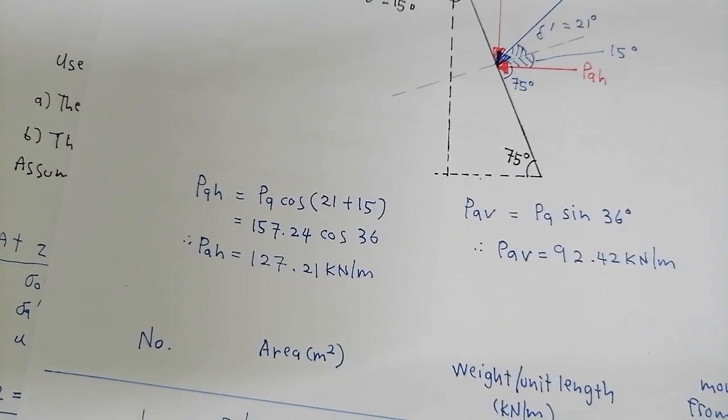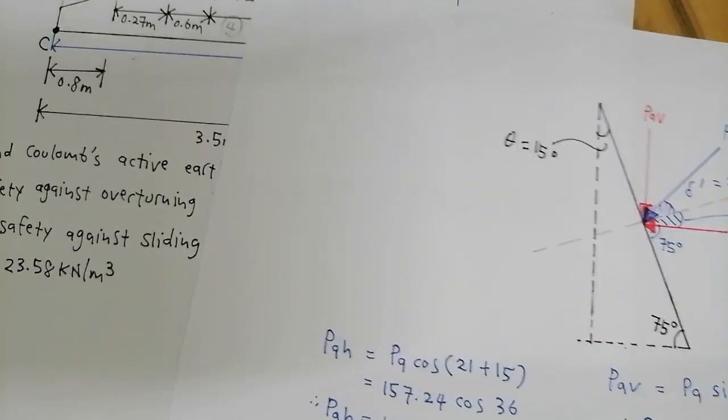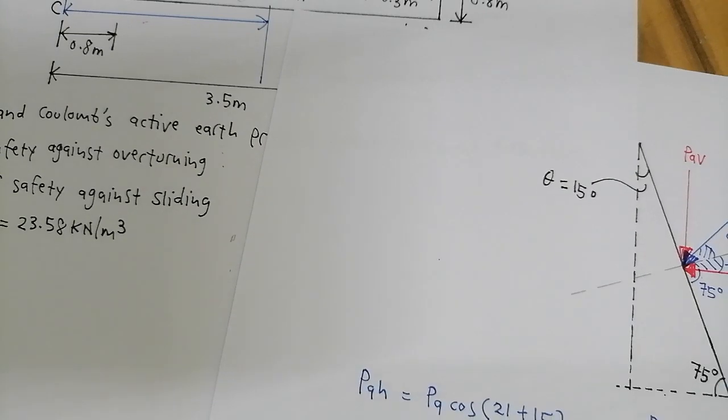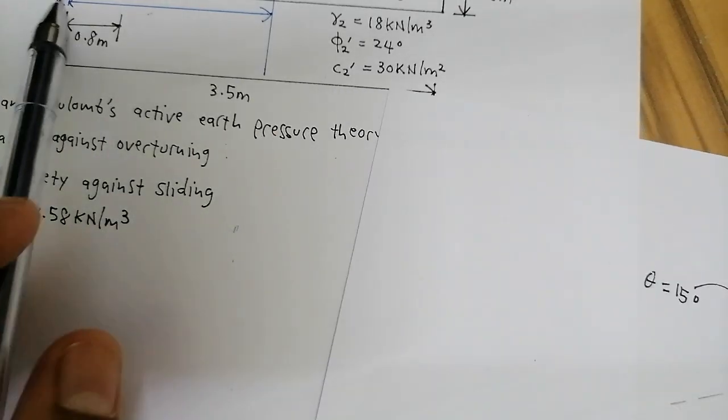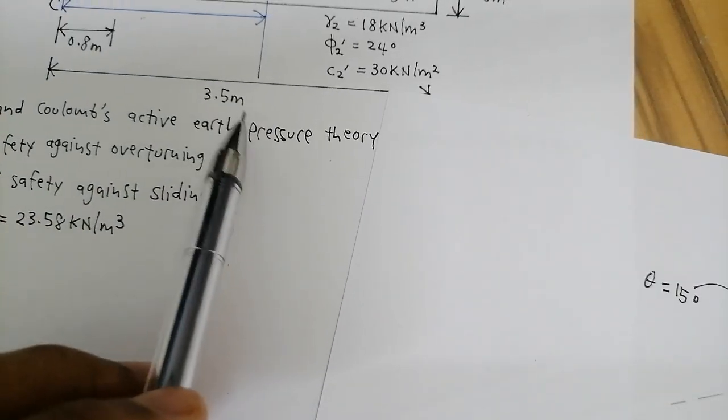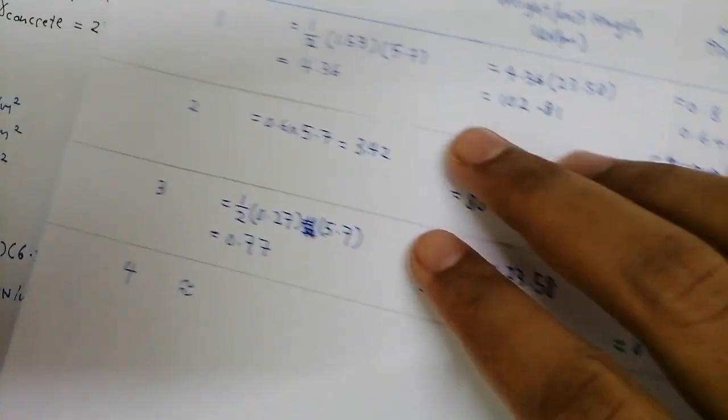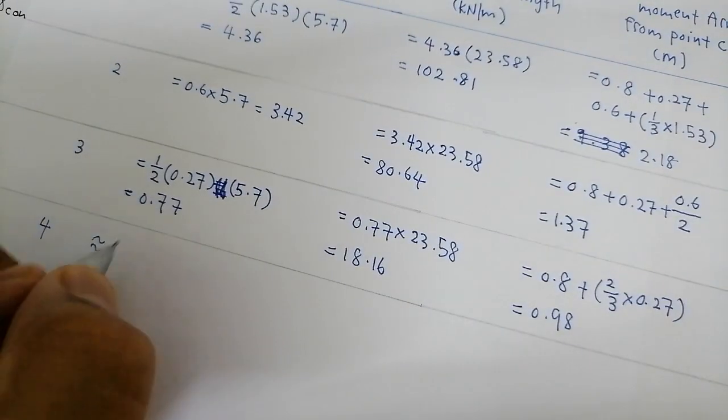Since you assume it is a rectangle, then continue with the normal steps that we did before. The base is 3.5. I'm sorry, the base. So you want to know the area, isn't it?